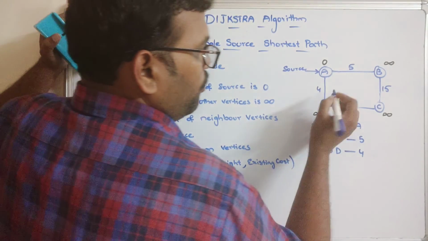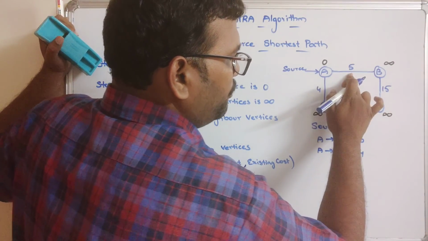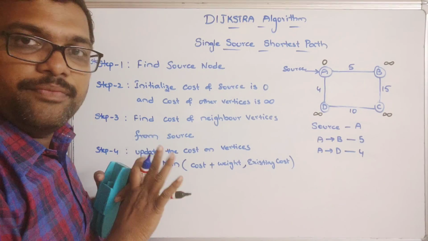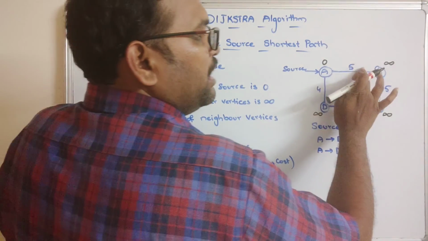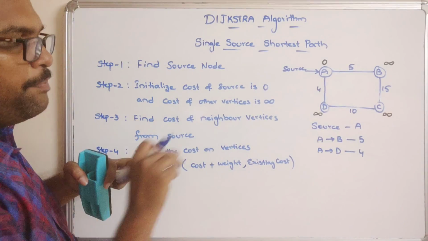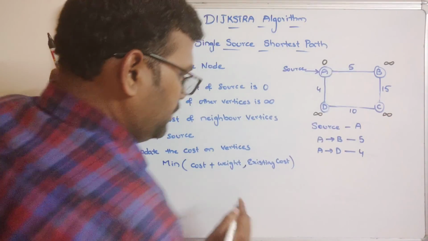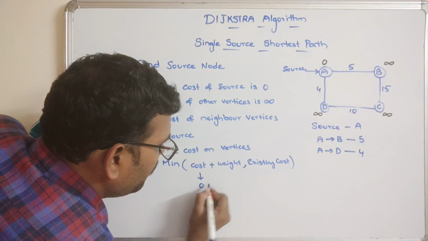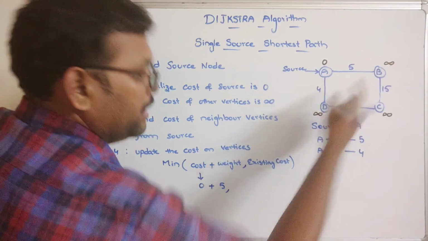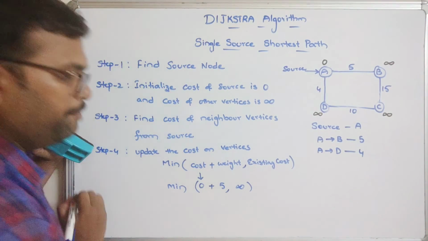See what happens here, A to B is 5 and A to D is 4. There is a direct connectivity, so we have to go with either 5 or infinity. For A to B, it is 0 plus 5, that is, the cost 0 plus weight 5, comma, infinity. Among these we have to find the minimum.